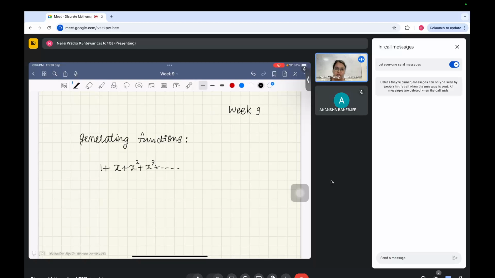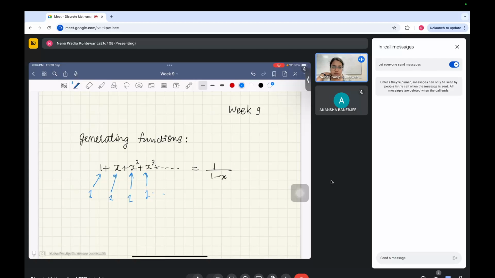And this is a geometric progression, and we know that this is an infinite sum, and we know that this is given by 1 over 1 minus x. And if you look at the coefficients of this polynomial, I mean, this is not really a polynomial, but if you look at the coefficient of the terms here, then you have a 1 here, you have a 1 here, and so on.